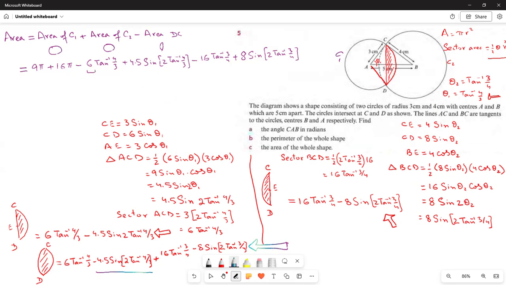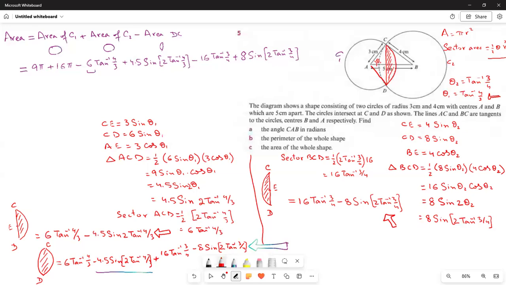Okay, this is the area of the sector. And how do you find the area of the sector? Area is half, and then theta and then r square.